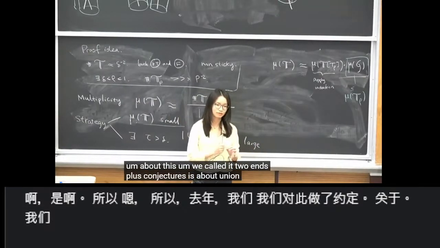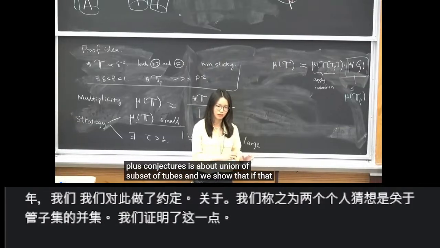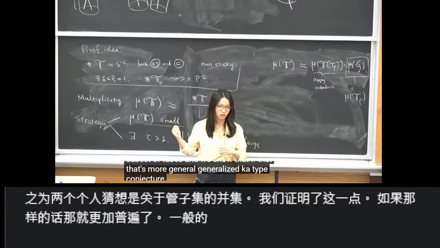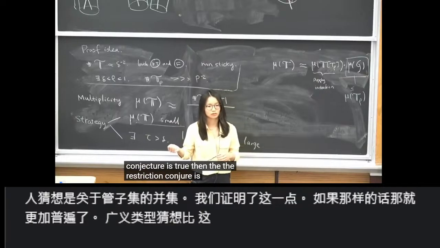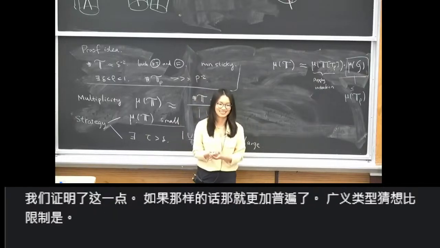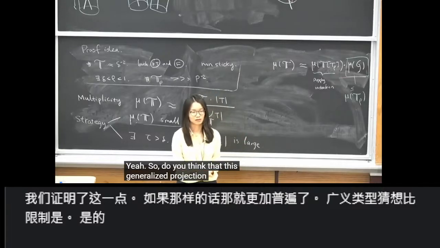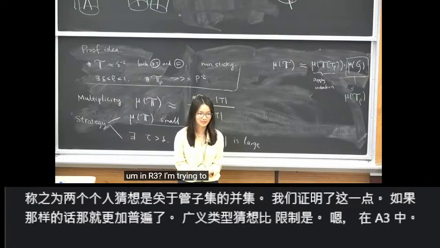It's about the union of a subset of tubes, and we show that if that more generalized Kakeya-type conjecture is true, then the restriction conjecture is true. Do you think that this generalized conjecture is true? In R3, I'm trying to see if it's true.